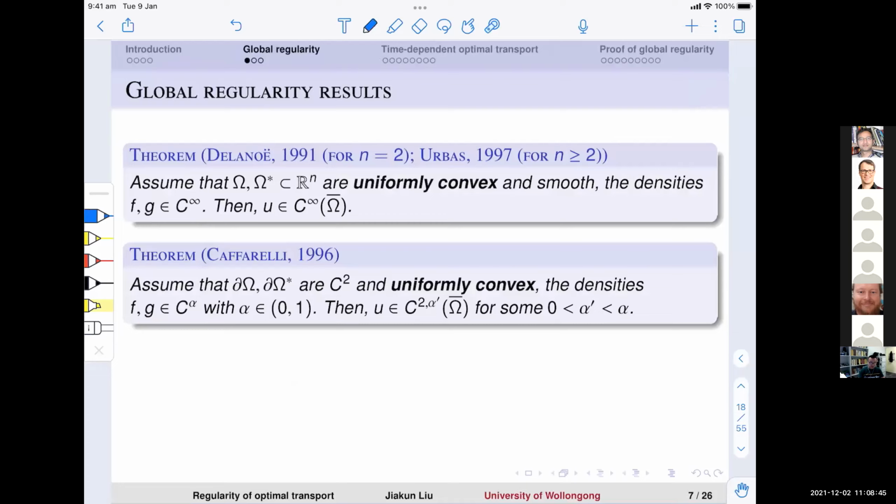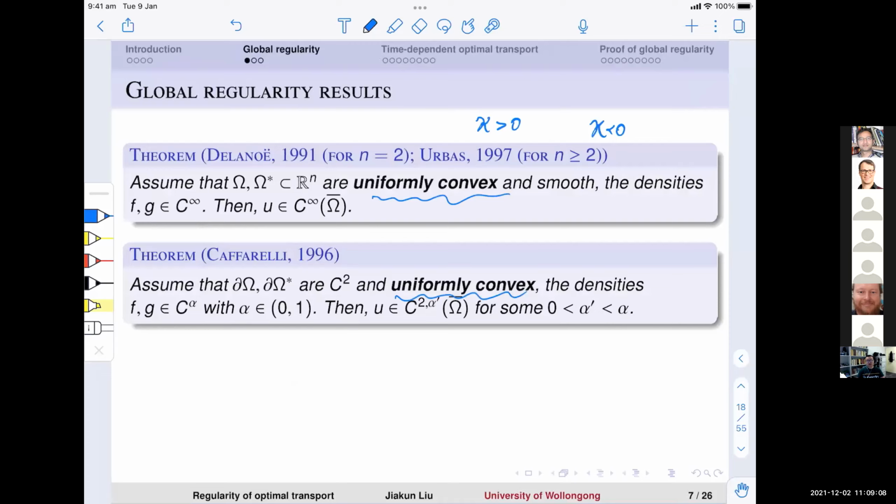Okay, as you can see, both of the above results need to assume the domain is uniformly convex. In the smooth case, uniformly convex corresponds to the curvature being strictly positive. If the curvature is negative somewhere, then we have counterexamples showing the solution may not be C1.